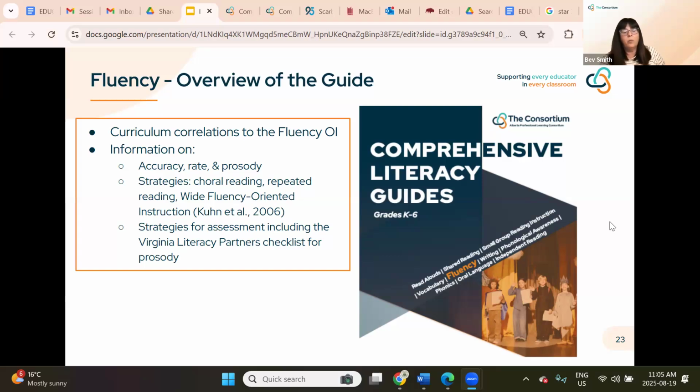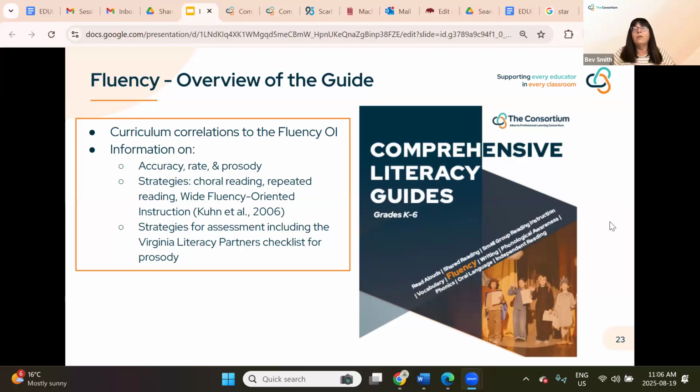Pausing is the way that the students are using punctuation as they're reading or giving a presentation. Phrasing is the way that they put those words together in groups to represent meaningful units. Stress is that emphasis on particular words to reflect meaning, as we would in oral language, like where we're putting that emphasis as we talk to people.